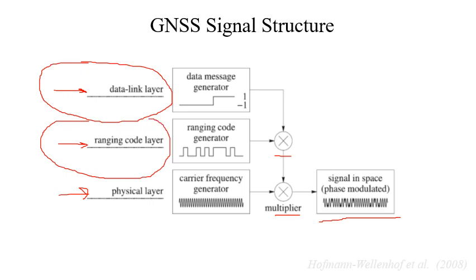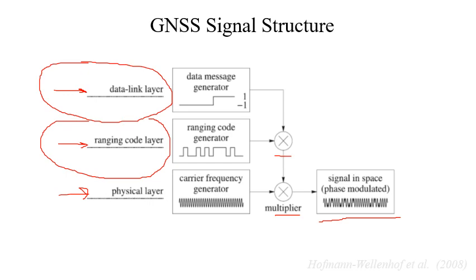In order to send these two data, navigation and code data, to the receivers, you need a high frequency, or low wavelength, signal so that you can easily send the signals to the receivers.